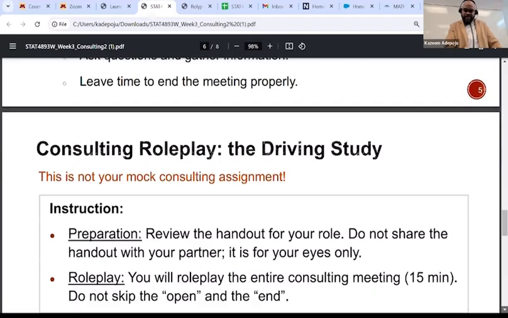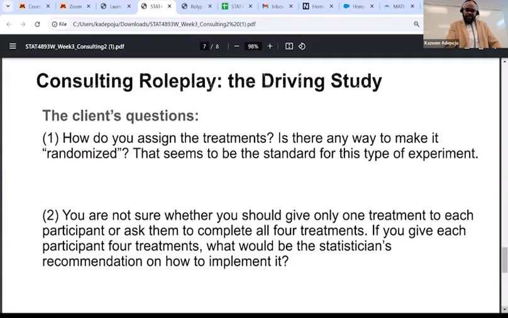So then you are not sure whether you should give only one treatment to each participant or ask them to complete all 4 treatments. You remember in class the other time, we did something where we were trying to measure the quality of life of police, who work during the day or during the night, and work different shifts, 8 hour, 12 hour, and so on.